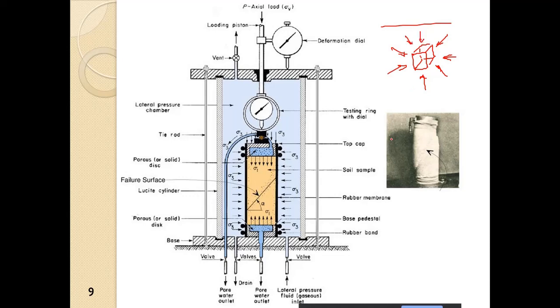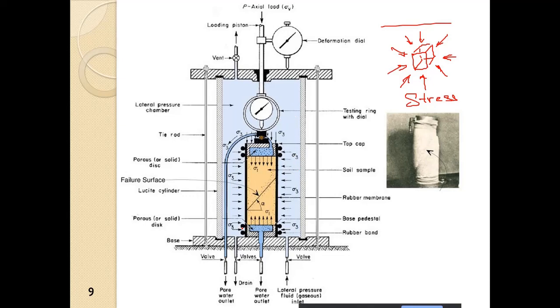To find out the behavior of the soil to various stress state conditions, stress state, kindly remember this term because we will use it again when we see the Mohr circle. When we say stress state, we have to replicate that. To do that, we do the triaxial.